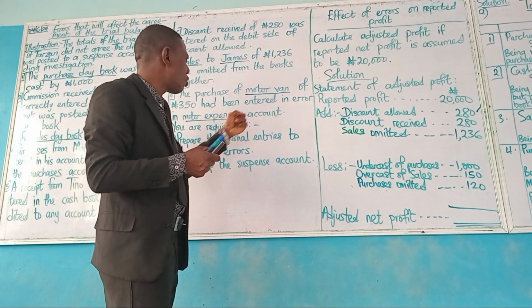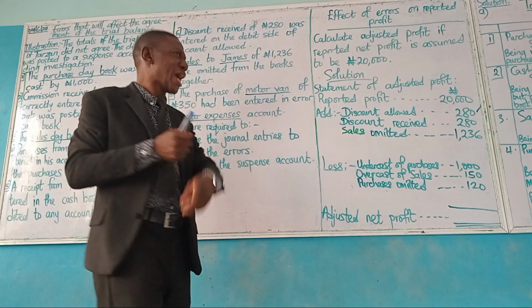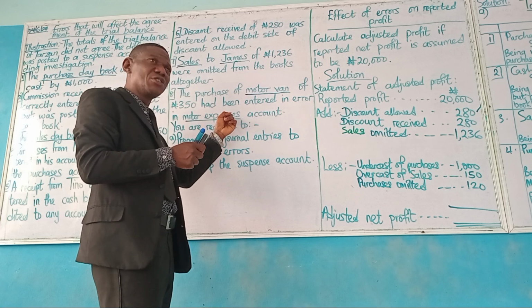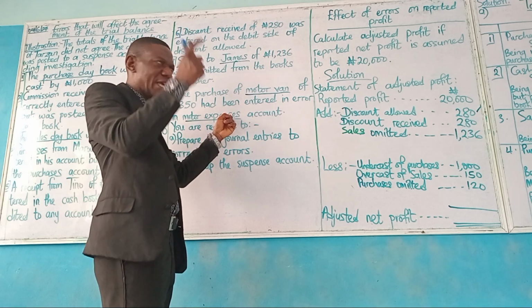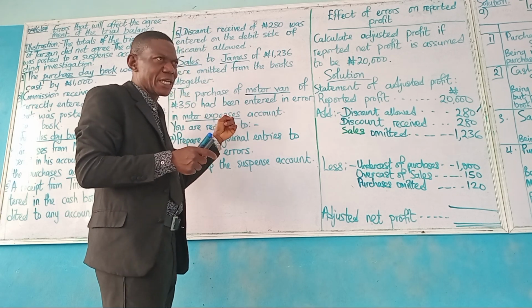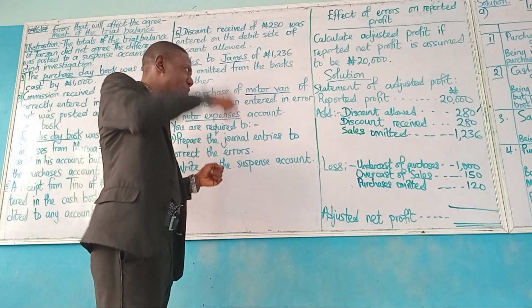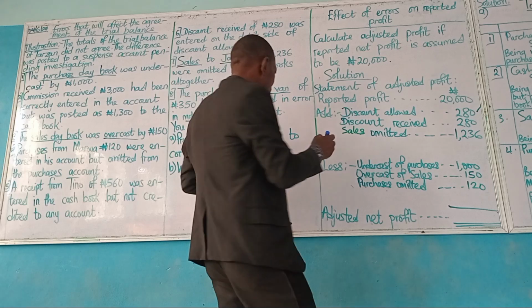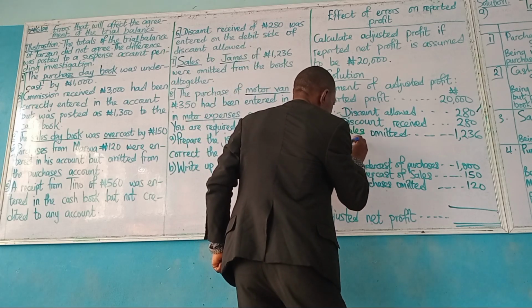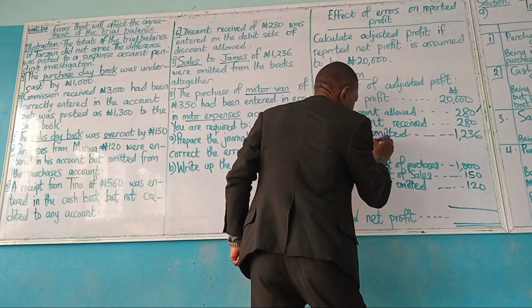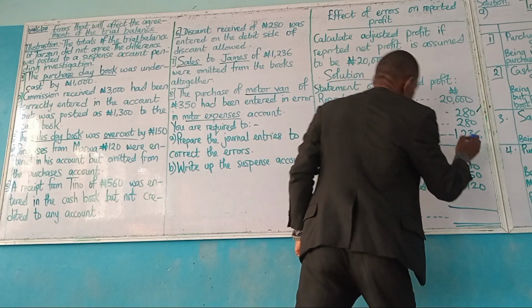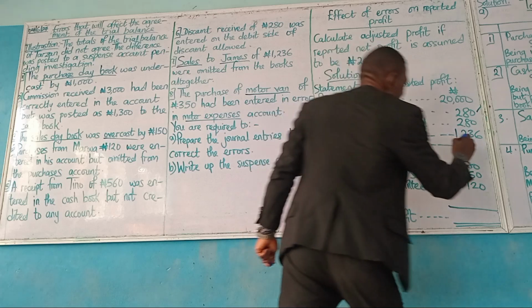When we reverse it, we add back the motor expenses, we add back the money, because it reduced our net profit there. It was a mistake, we're supposed not to reduce it. So we have to add back 350. So motor expenses must be added back, which is 350.